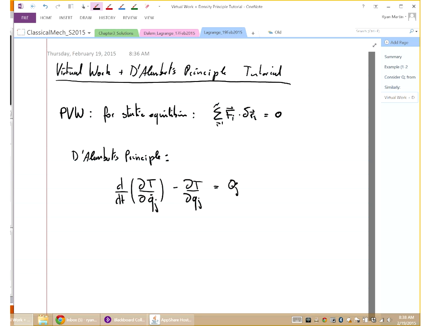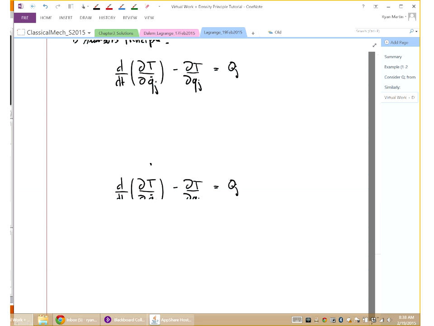So let me do one of the examples from the problem set. I'm going to do problem 3.1, which is actually very complicated to do if you wanted to do it with Newton's second law, and I encourage you to try. So I'll work through problem 3.1, and then for the assignment, I'll let you work through problem 3.2. Okay?